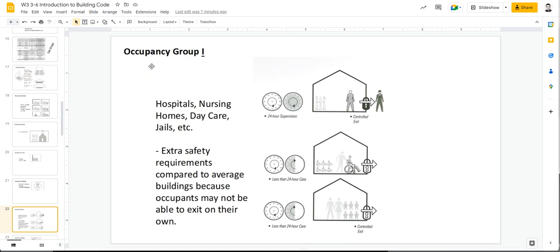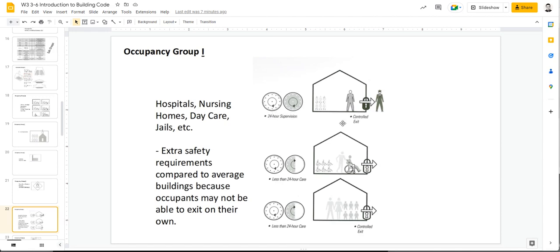The next occupancy group is the institution, and institutions have their own category because the people primarily using the facility cannot get out of the building by themselves, like jails. You know, they can't just leave; they have to be escorted out.